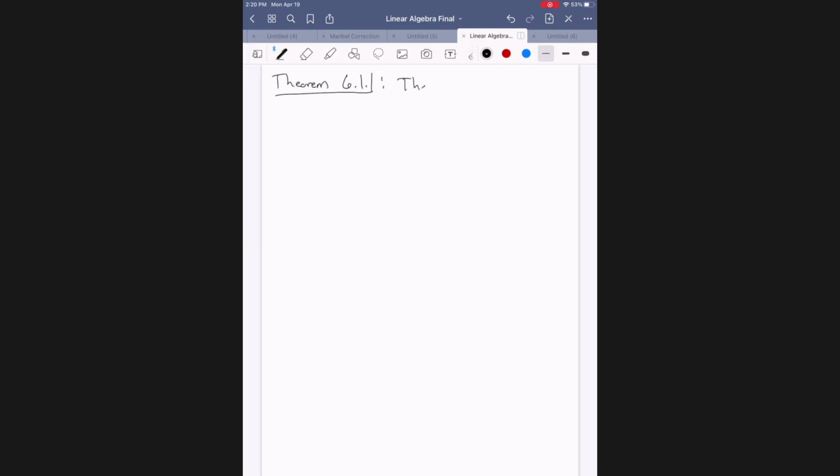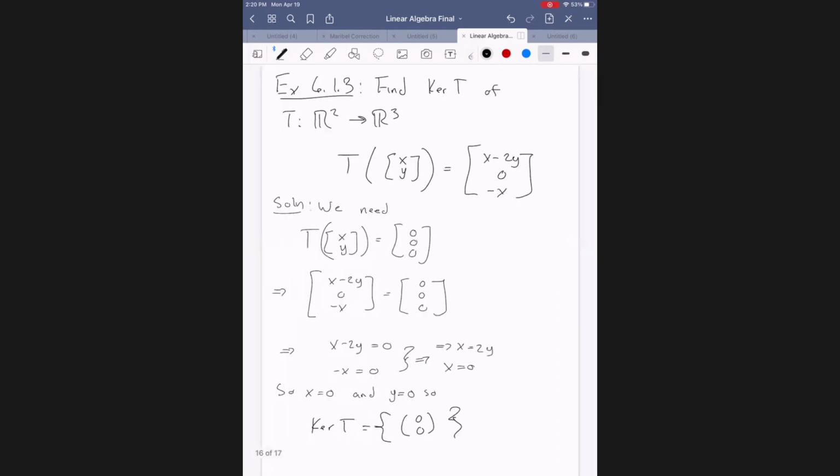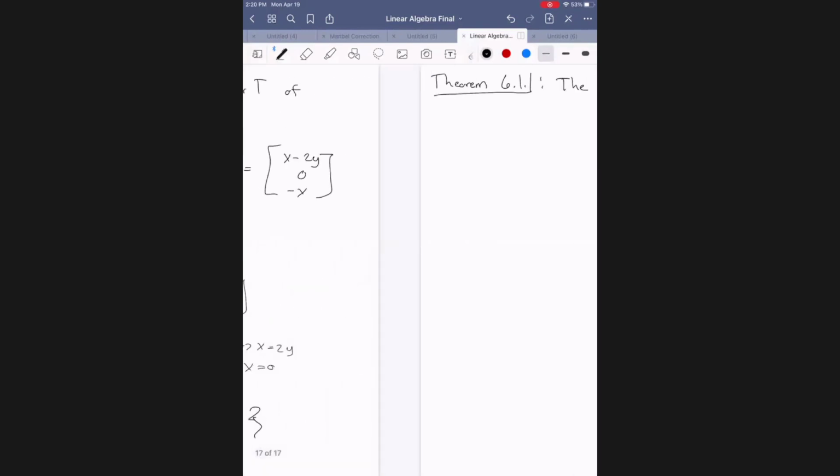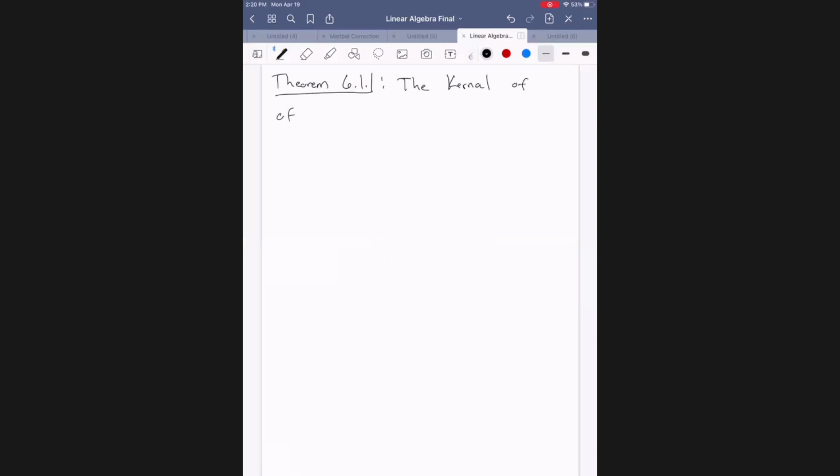The kernel of a linear transformation T from V to W is a subspace of V.